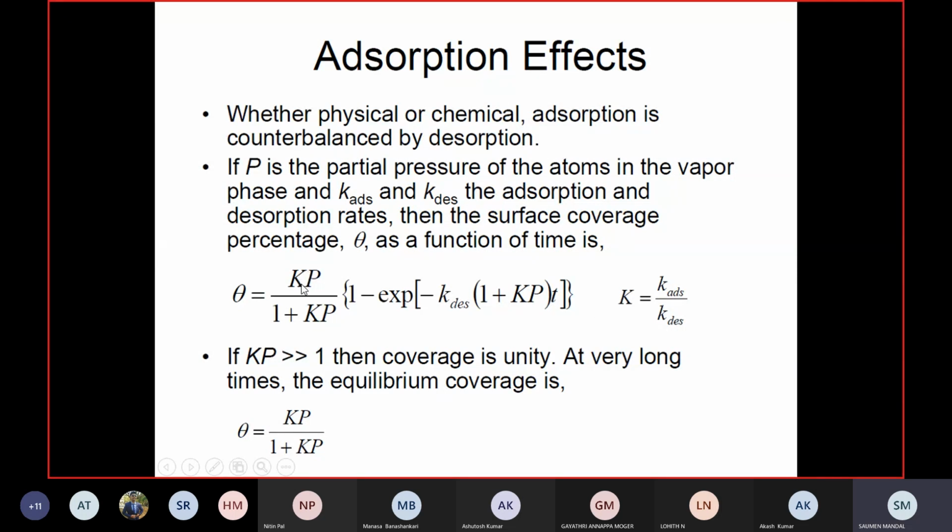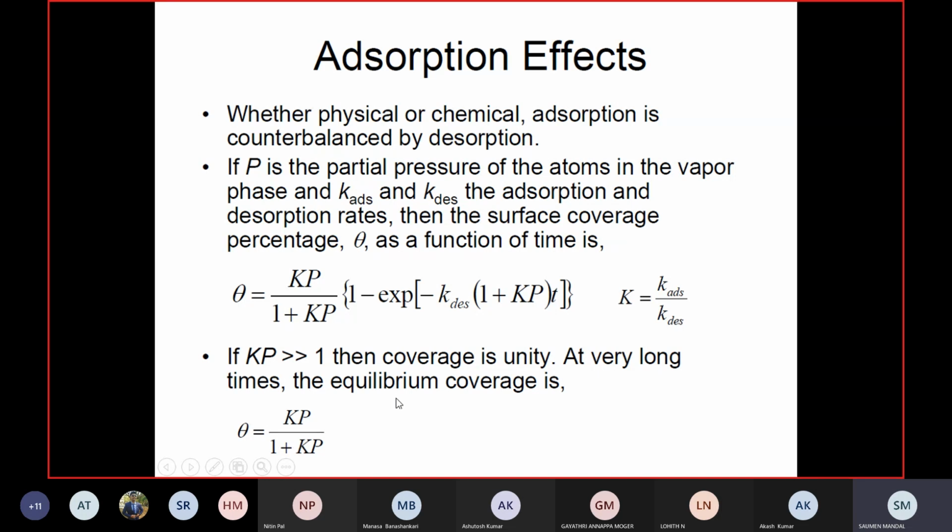Here, what is capital K? It is the adsorption rate divided by the desorption rate. P is the partial pressure, and t is the time. If Kp is very much greater than 1, what will happen?